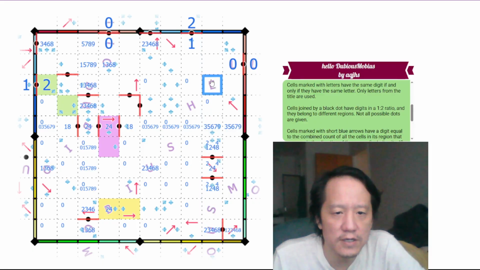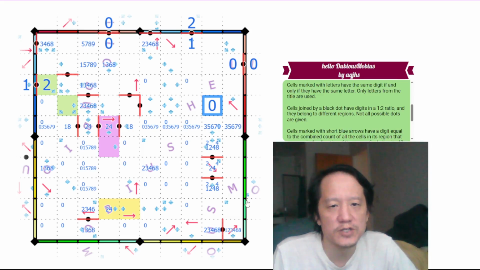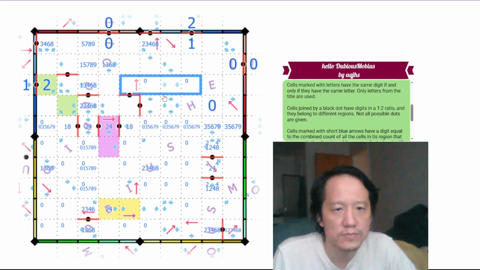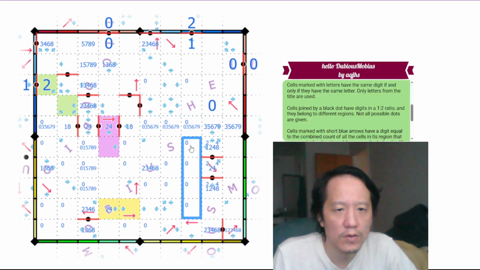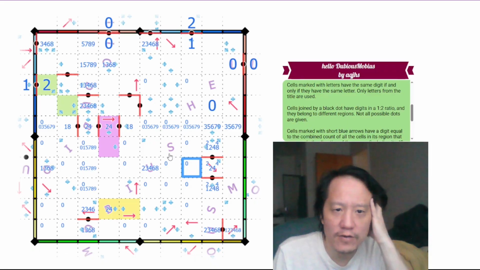I'm guessing E has to be a unique digit from L, so it cannot be that one. So this must be 0, which means this can't be 0 here. Okay, that's all we have right now.